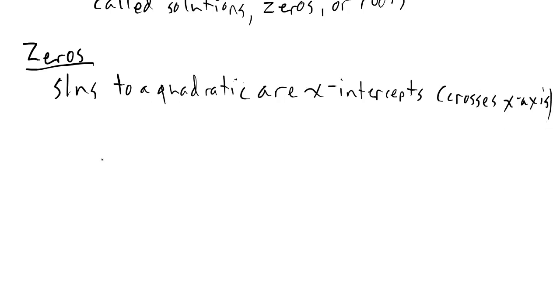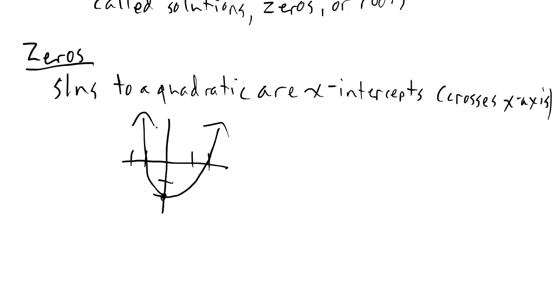So, if we were looking at some quadratic, and it looks like this, then our solutions are the x-intercepts.